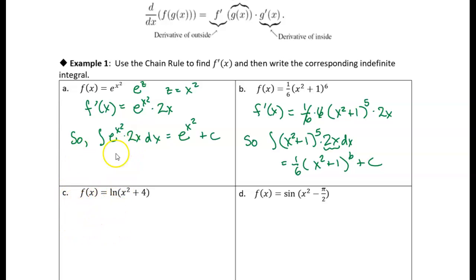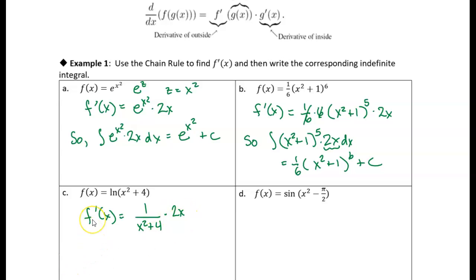Let's take a look at the next function. I'm going to take the derivative of this natural log of x squared plus 4. The outside function is a natural log. So f prime of x is the derivative of the outside function, which is going to be 1 over whatever's inside here. So we're going to leave the inside function alone. And then we take it times the derivative of the inside function, which is again just 2x.